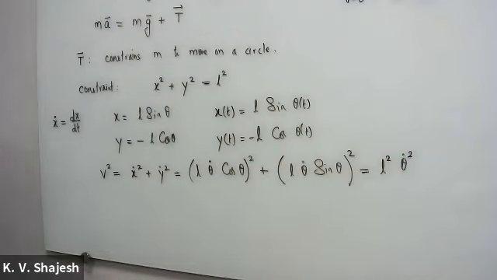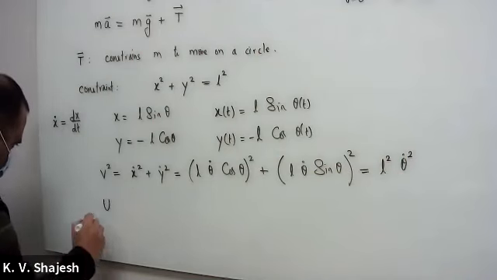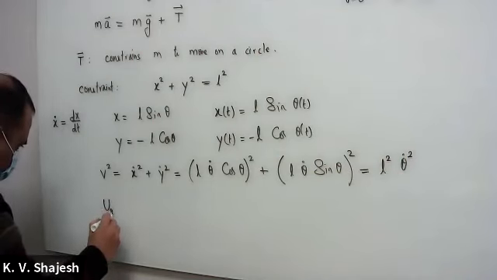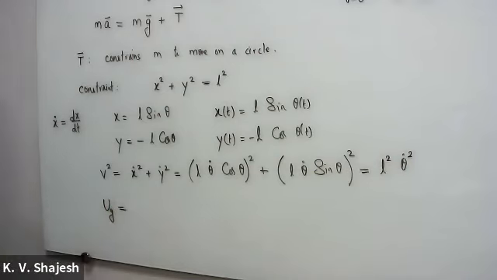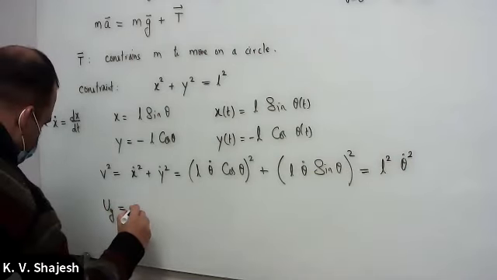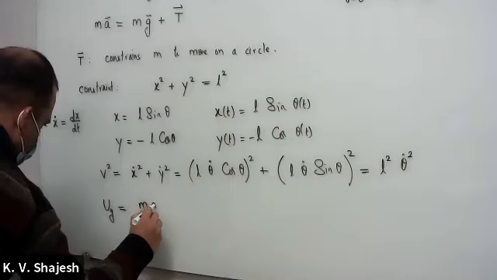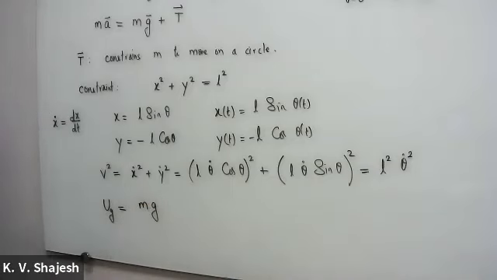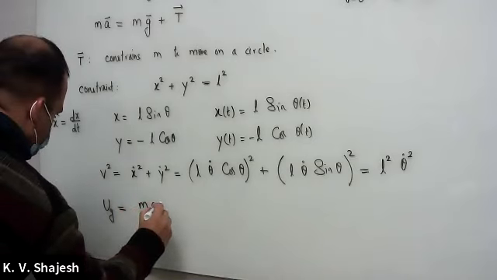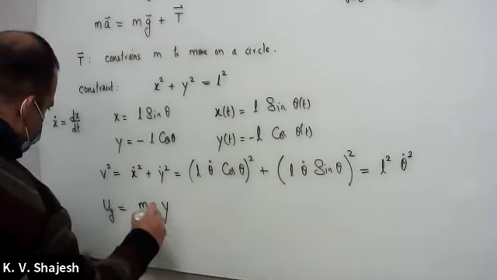What about the potential energy? The potential energy due to gravity is equal to mgh, in this case mgy, right? And I have to be careful in this.